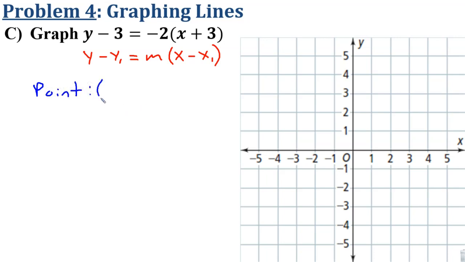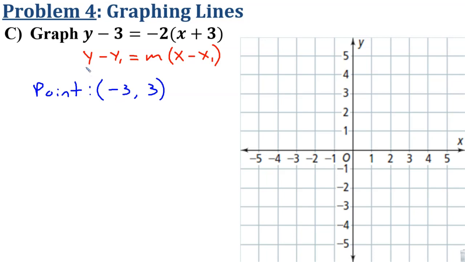In this case, that's -3, 3. The x value is going to be -3, and I know it's negative because if I take x minus x1 and end up with x plus 3, the only way to get that positive would be to minus the negative. So my x value has got to be -3.